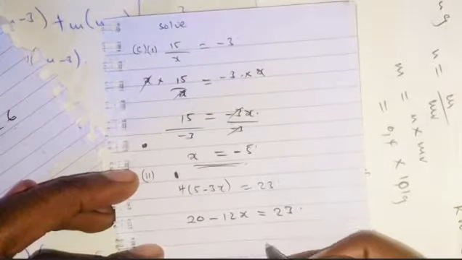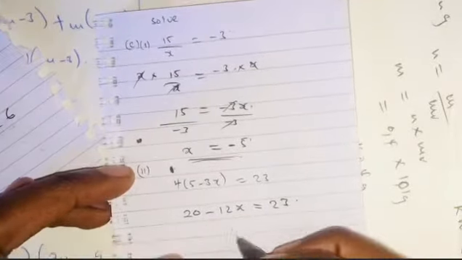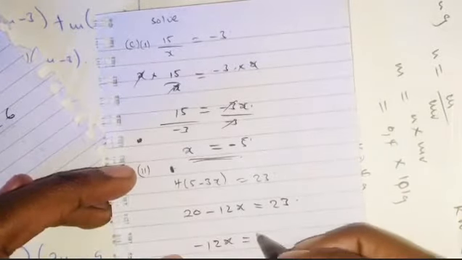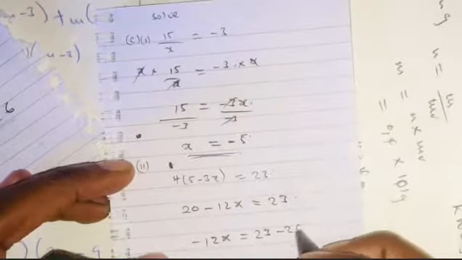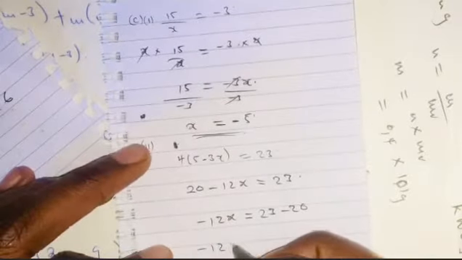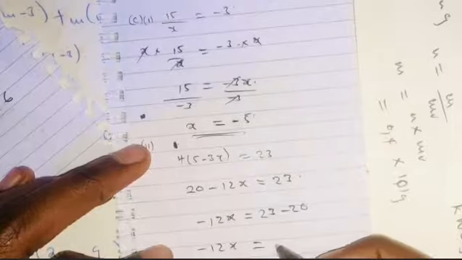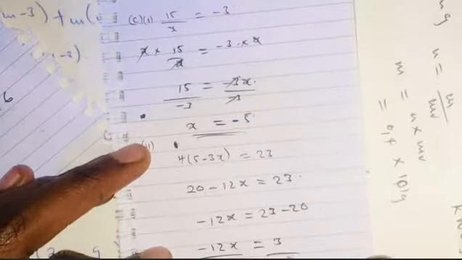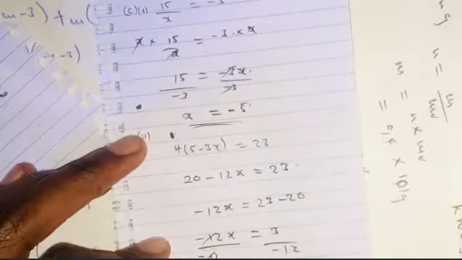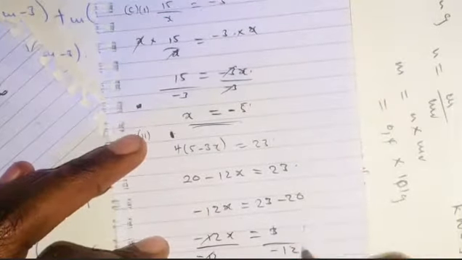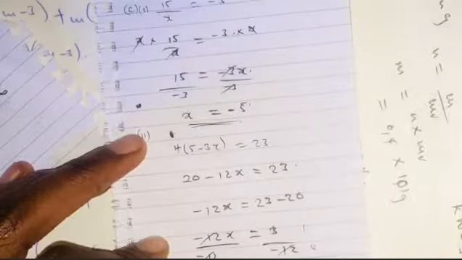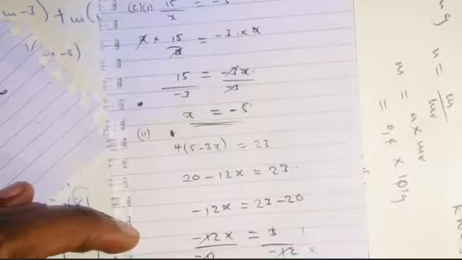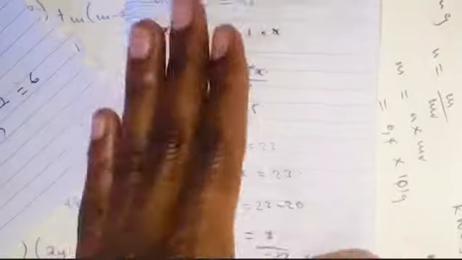Then of course terms in x one side and those without x one side, then it's minus 12x is equal to 23 minus 20, and minus 12x is equal to 3, over minus 12, over minus 12. Then x will be equal to 3 into 3, 1, 3 into this one, 4, is equal to minus 1 over 4. That's it for item number 2.